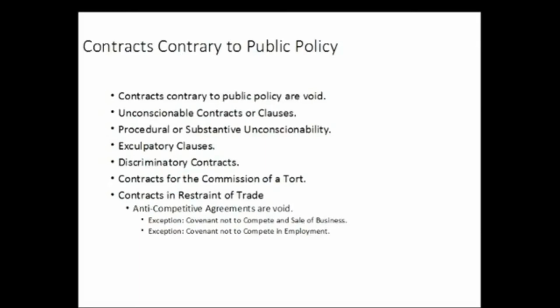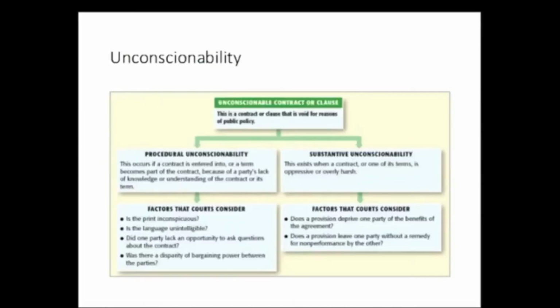Or there are exculpatory clauses that really give a whole out to one side but not the other. Or if a contract is discriminatory, that is not enforceable. Or if you're going to commit a tort deliberately, that is not enforceable. Or if it's anti-competitive, a restraint of trade.